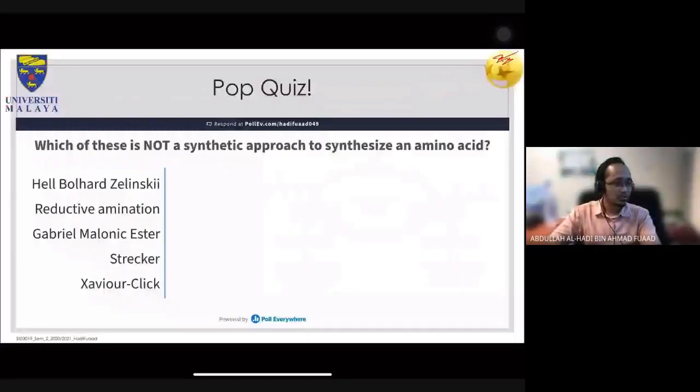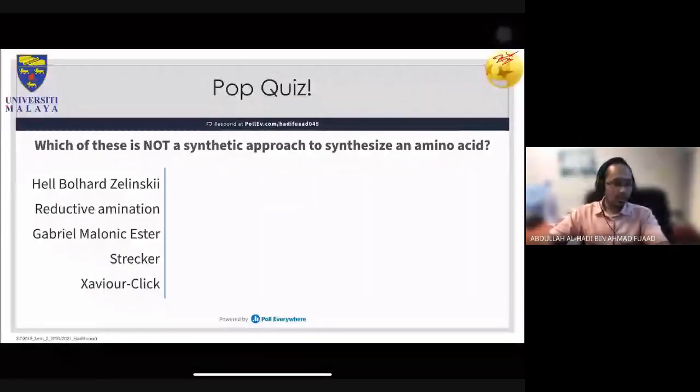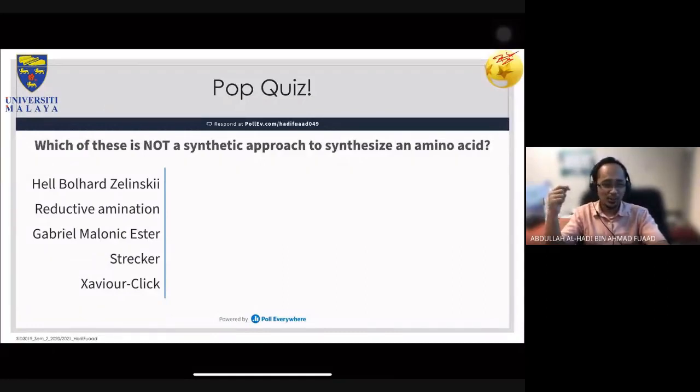Quiz for today. Let's see. All right. So which of these is not the synthetic approach to synthesize an amino acid? Okay, so this is basically a pop quiz based on SID 2004.